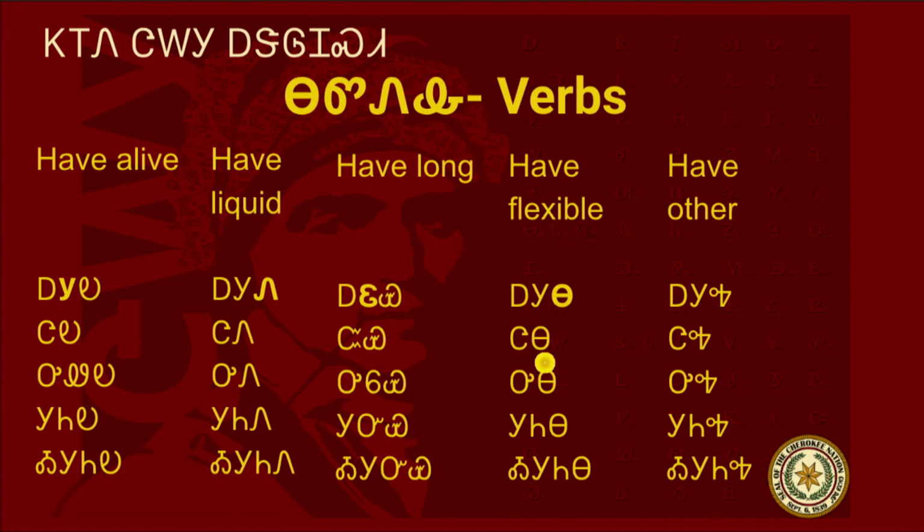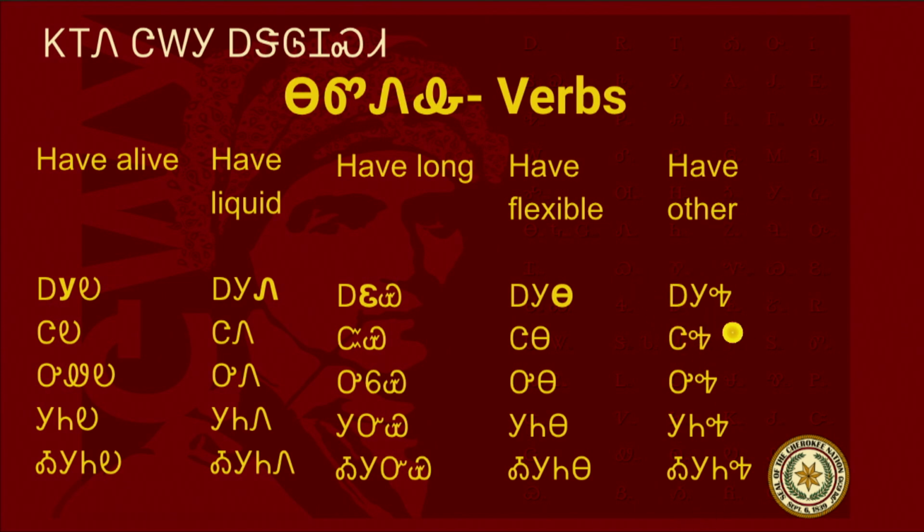Something flexible. Agina, I have something flexible. Chana, you have something flexible. Una, he has something flexible. Ginina, the two of us have something flexible. And oginina, we have something flexible, but not you, right? And then neutral.